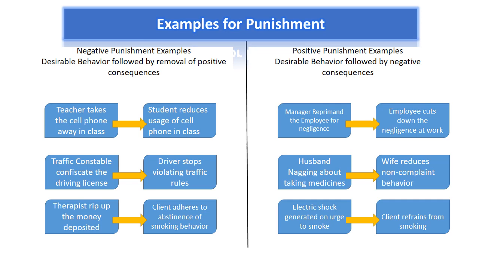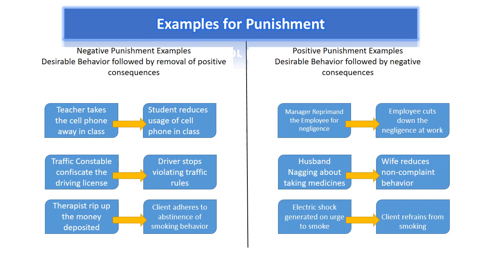Positive punishment examples: here the undesirable behavior is followed by negative consequences. So the punishment is provided in order to decrease a particular behavior.